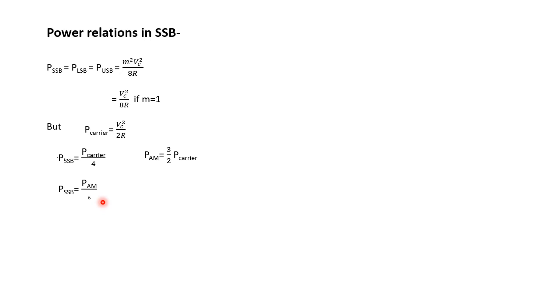Hence, the power needed for the transmission of a complete amplitude modulated wave is 6 times the power needed when we are transmitting only a single sideband. And this is the greatest advantage of single sideband transmission of an amplitude modulated wave.